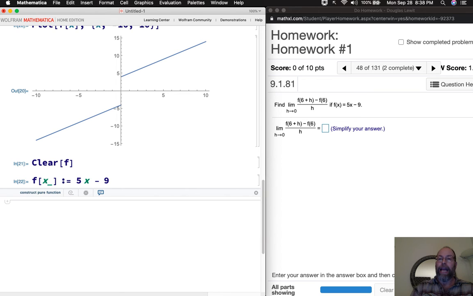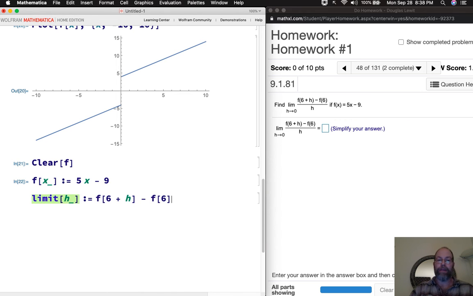Okay? And the limit, how should I write this? I'm going to write this as a function of h. The limit of h is equal to f of 6 plus h minus f of 6.